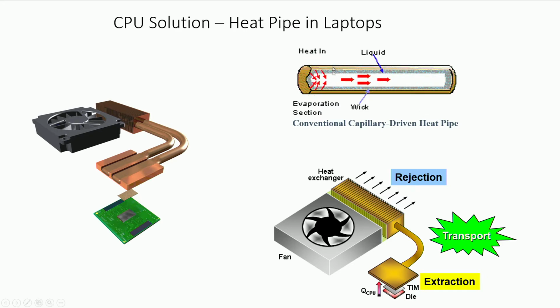If one end of a heat pipe is heated and the other end is cooled, then the liquid on the hot end evaporates and it becomes water vapor. The water vapor then flows through the central core and goes to the other end where it is cooled, in this case by this fan and heat sink, and thereby it condenses. So, the liquid condenses.